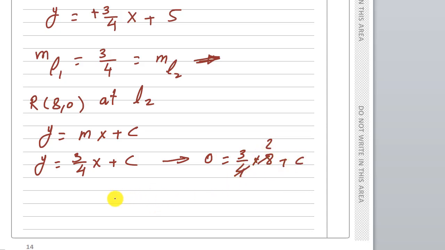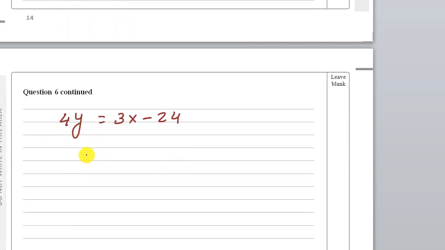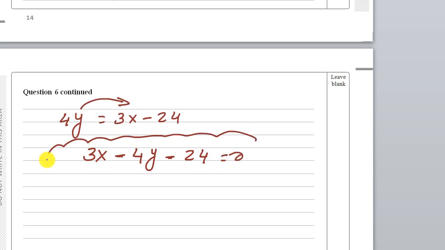So 6, so c is equal to minus 6. So the equation y is equal to 3 over 4x minus 6. Let us multiply by 4, so 4y is equal to 3x minus 24. So the equation will be 3x minus 4y minus 24 is equal to 0. So this is the equation of L2.